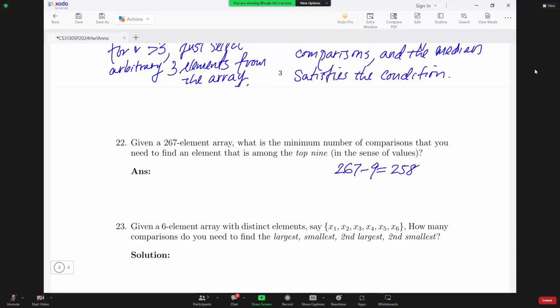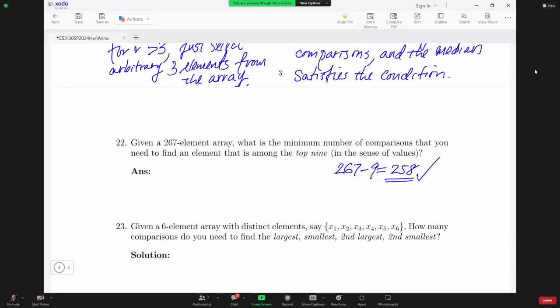That means we need to find one element that can eliminate this many elements. Then we're done. We only need one element to eliminate this many elements. Good enough. How to make one element eliminate this many?